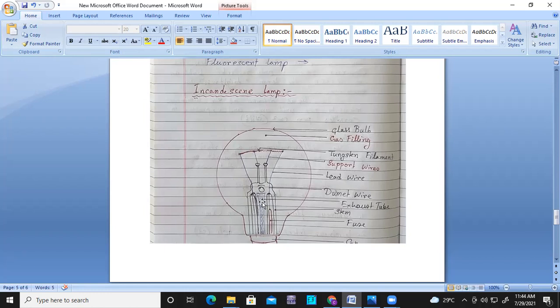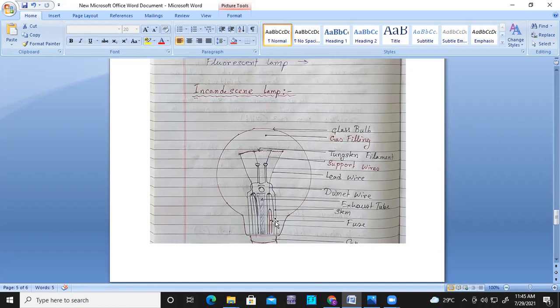Wherever we put it, it is full of air. So this exhaust tube is used to create the vacuum. This is its purpose, and in this way an incandescent lamp is built up. These are the fundamental things of it.